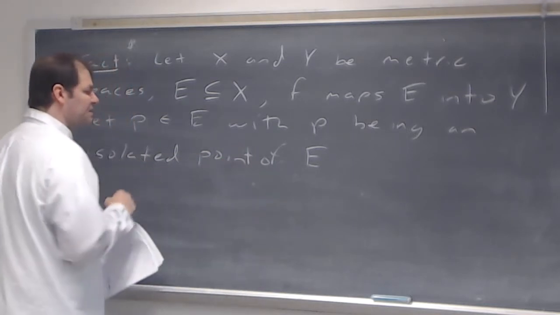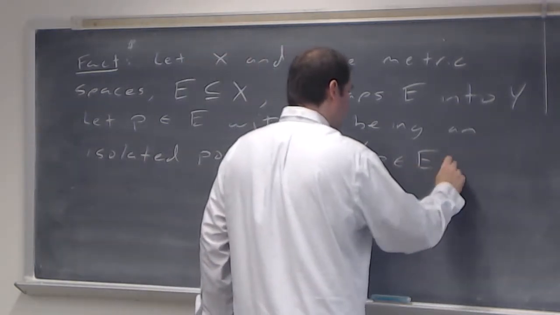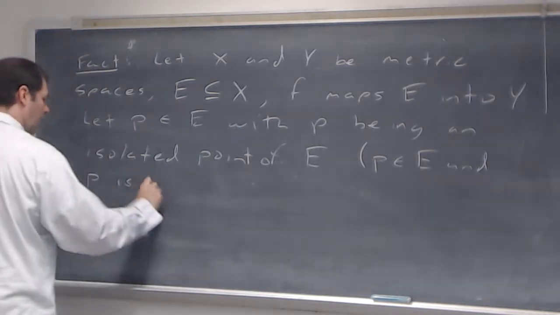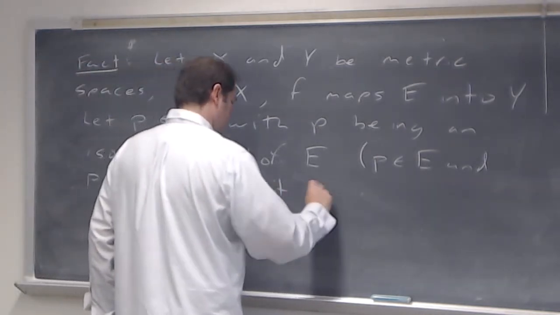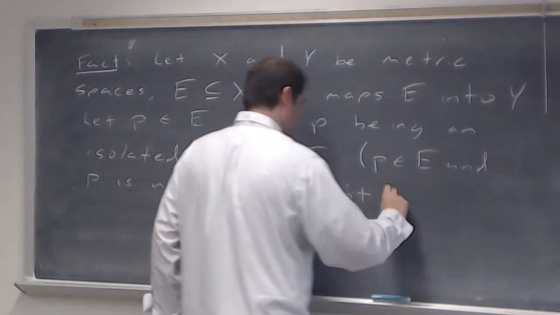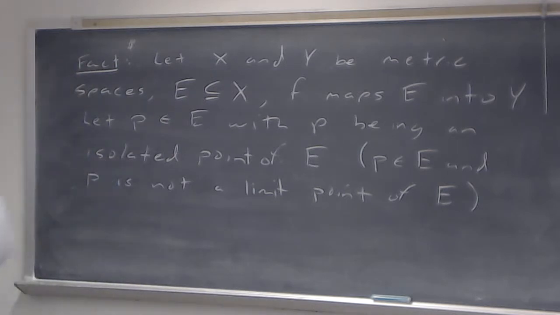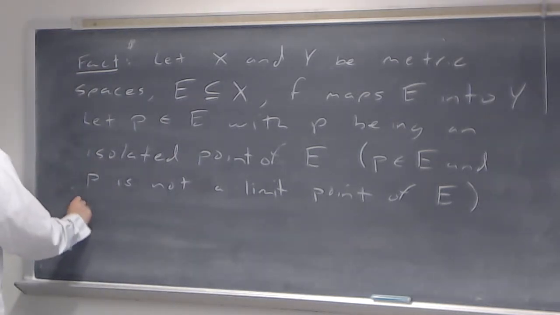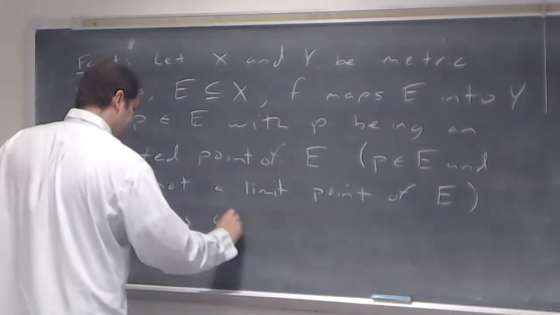When we say P is an isolated point of E, what that means is P is an element of E, and P is not a limit point of E. And that's what that definition means. Then f is continuous at P.